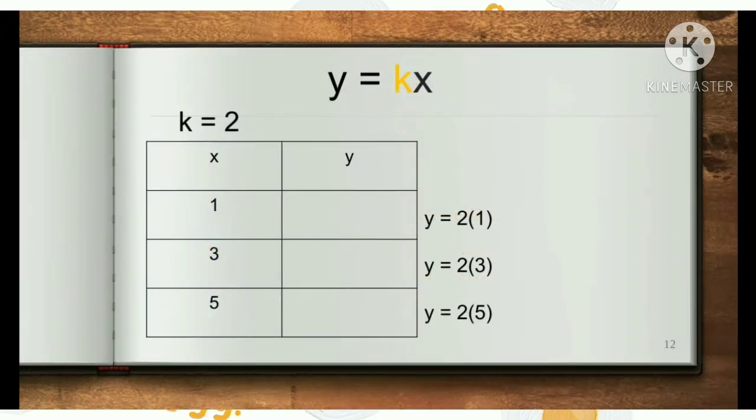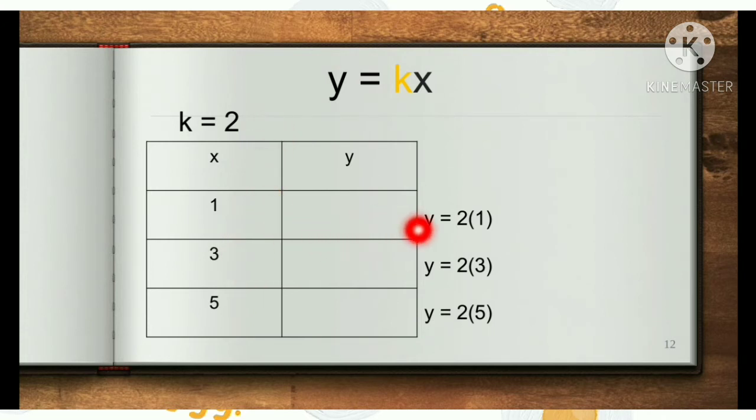For example, let's set k, or the constant of variation, to 2. And then we have given values of x, which are 1, 3, and 5. Let's use k and the values of x to find the unknown values of y. So by using this equation, y equals kx, we will substitute the value of k, which is 2, and then the values of x.